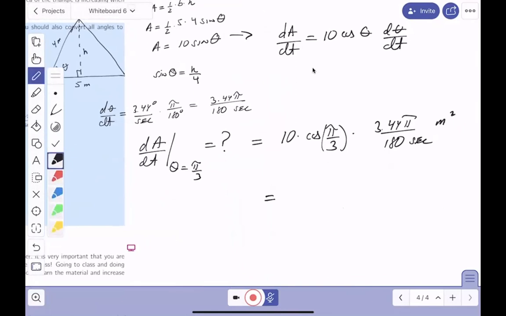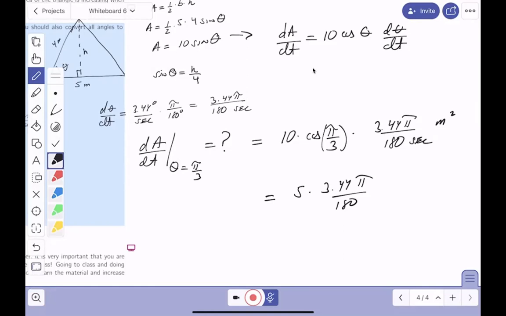All right, I'm going to do the arithmetic that I can do. So for example, cosine of pi over 3, at 60 degrees, would give me 1/2. So that's going to be 5 times 3.44 pi over 180. Let's see, 5 into 180, right?